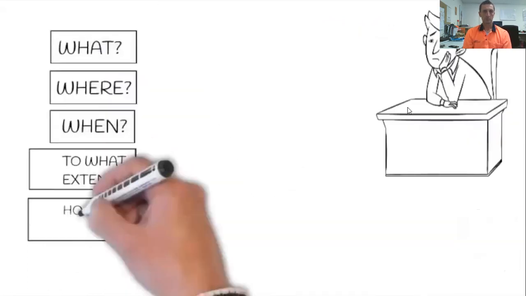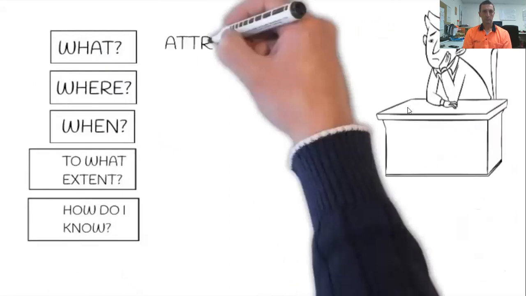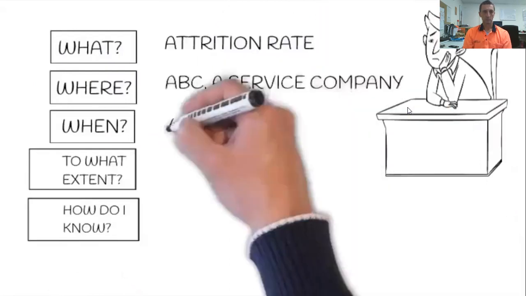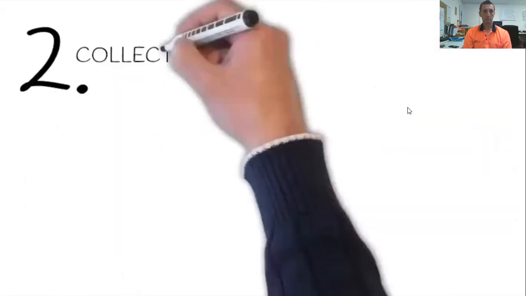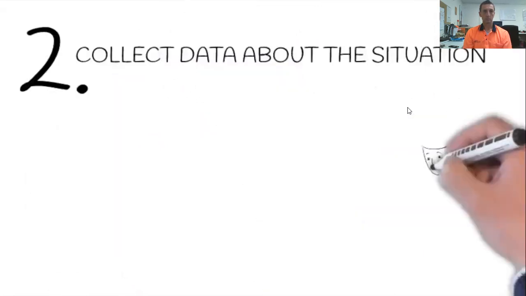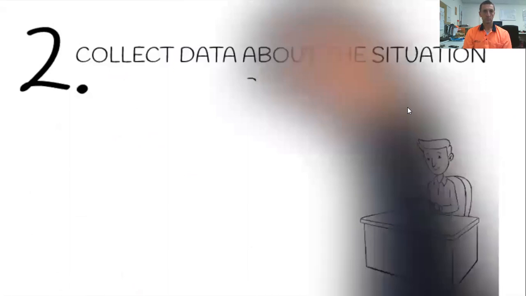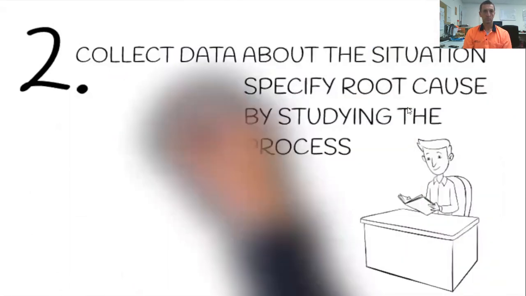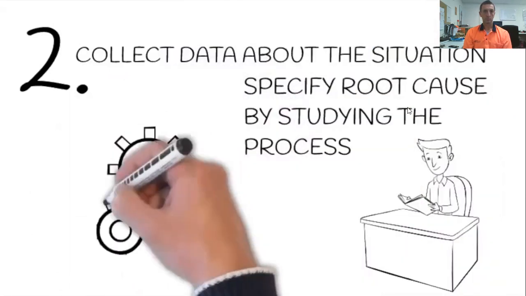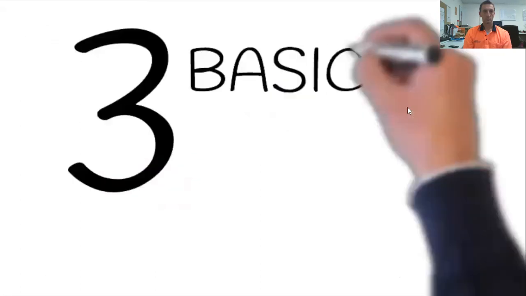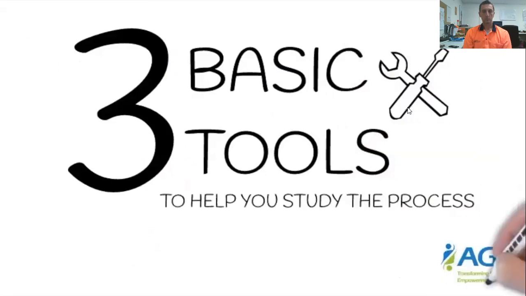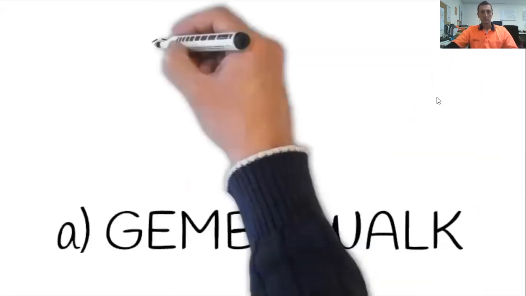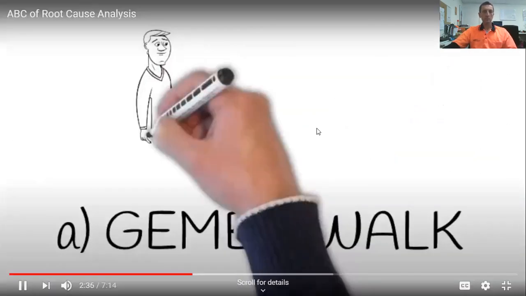By studying the process, you can specify the root cause, because problems may be present in a specific part of the process. In this step, you are trying to determine the possible causes why the problem happens, or what factors allow this problem to occur. There are 3 basic tools that will help you study the process. Gemba Walk. Simply as go and see.